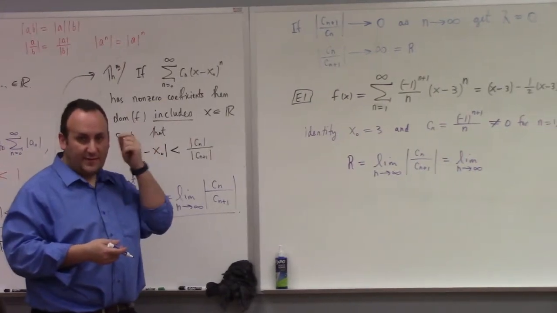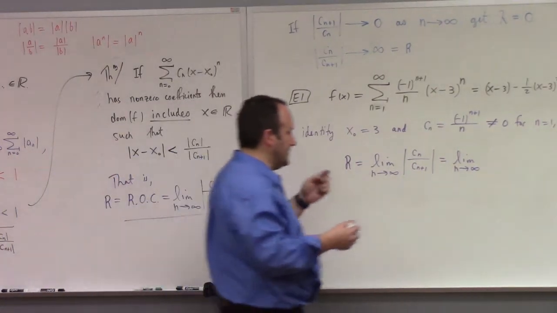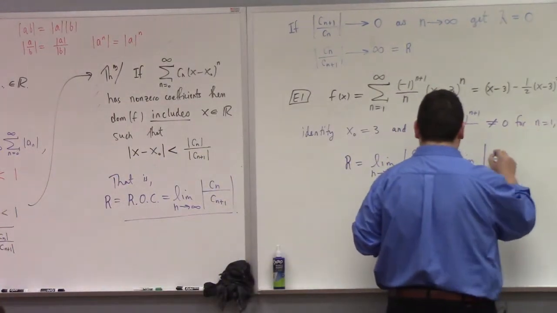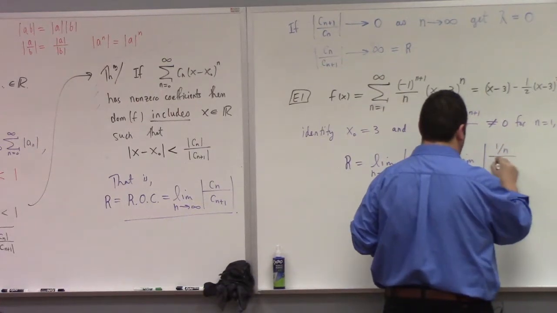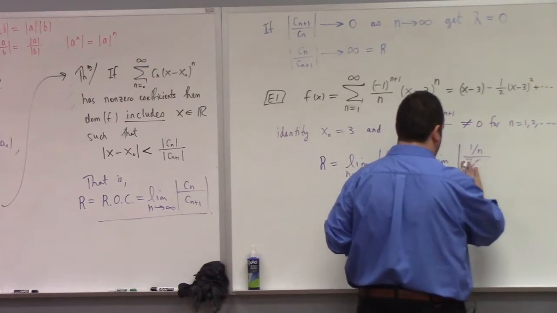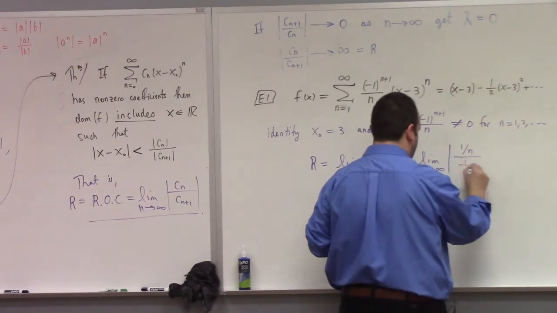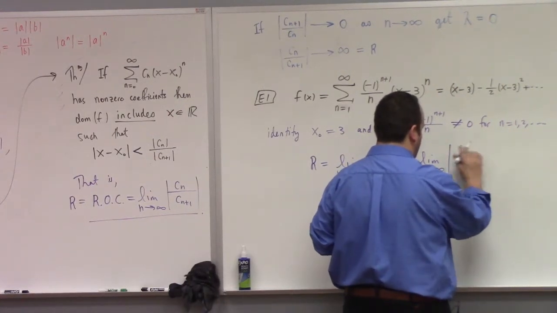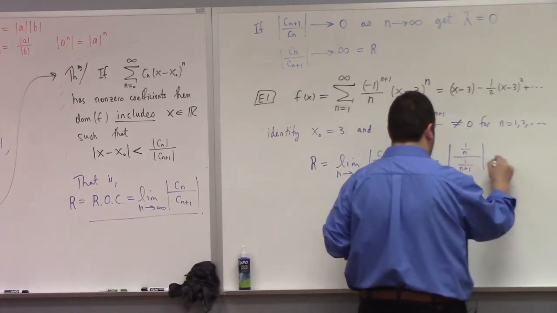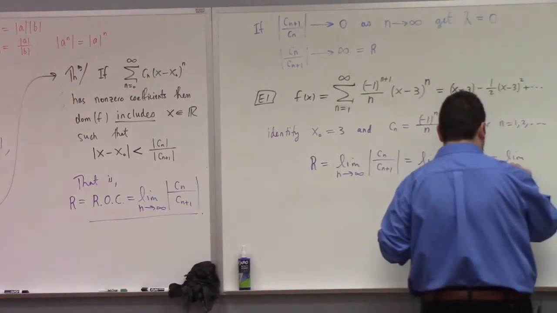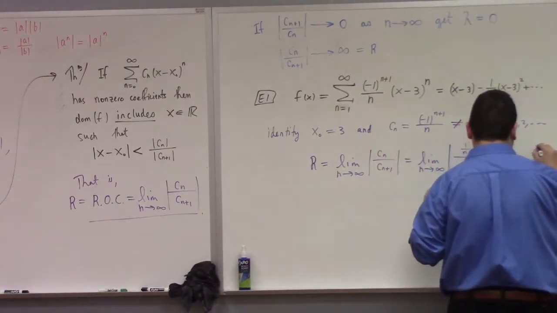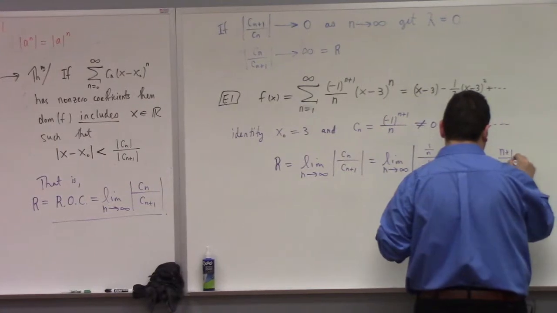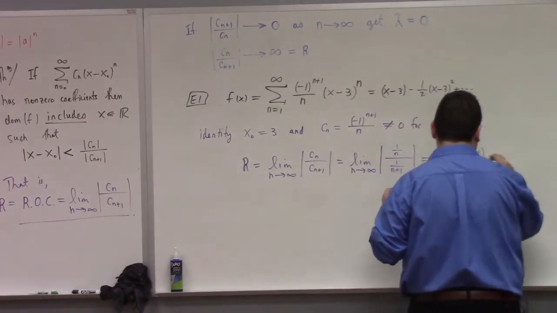That's just killed by the absolute value, right? So we're just left with the limit of 1 over n divided by 1 over n plus 1, right? Which, of course, is the limit as n goes to infinity of n plus 1 over n.